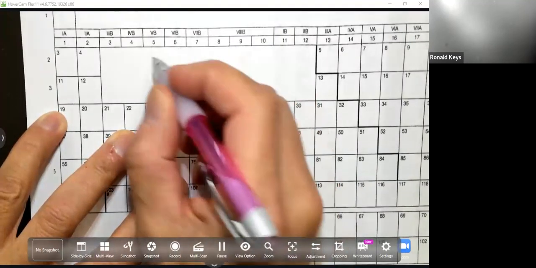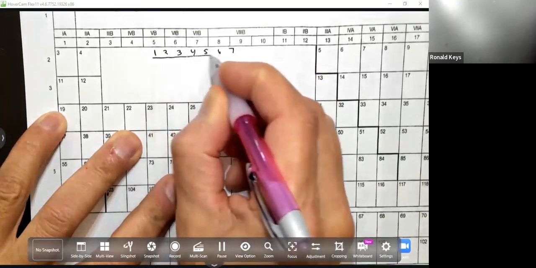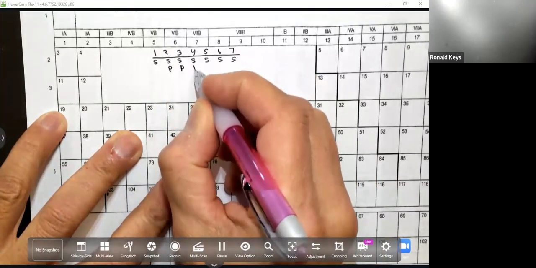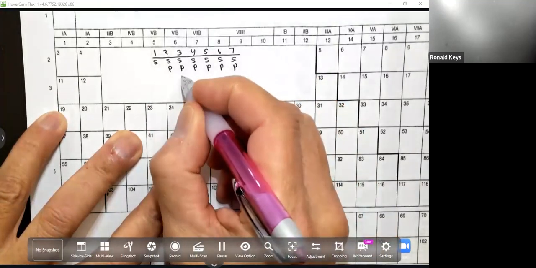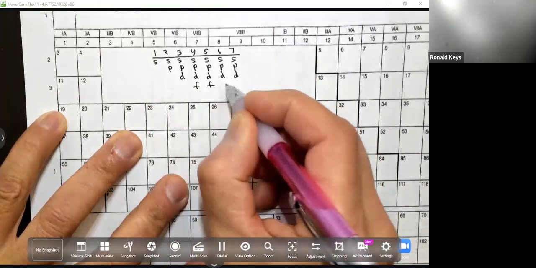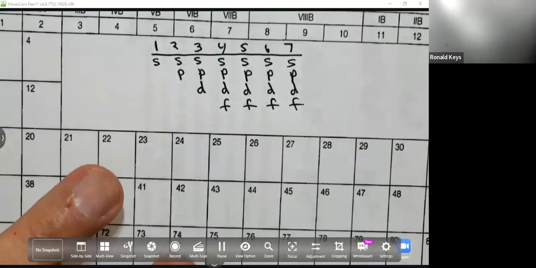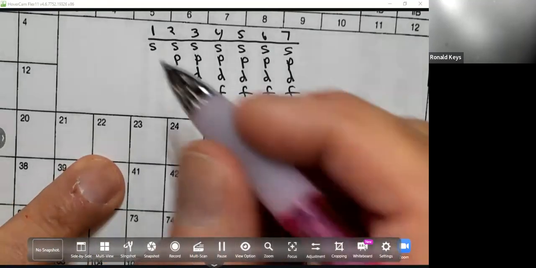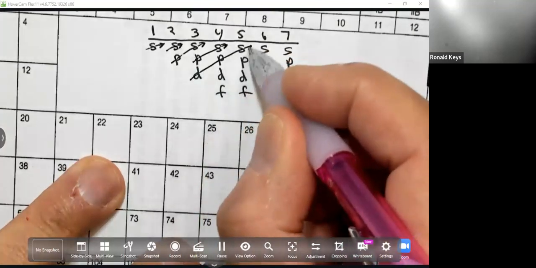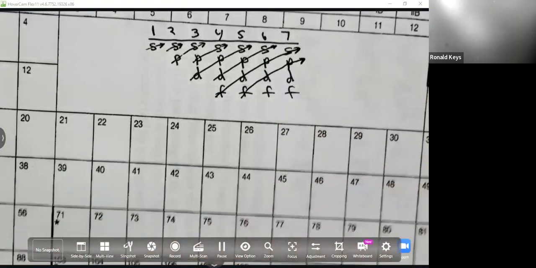Put it about right here. 1 through 7, s underneath everything. Arrows do not have to be straight. Your arrows do not have to be straight.